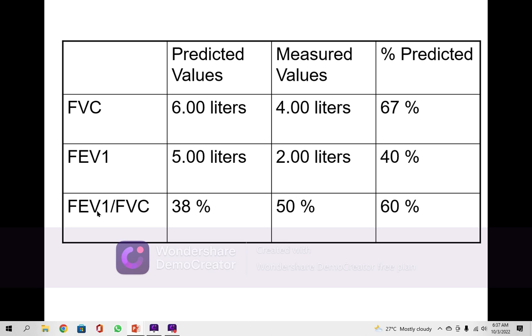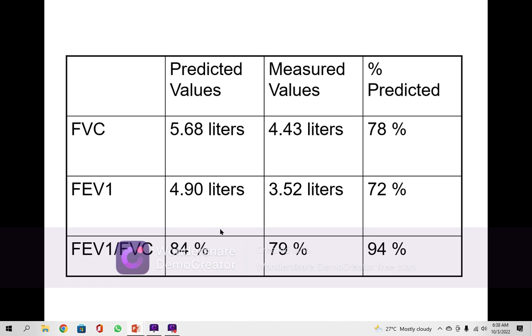The FEV1 to FVC ratio is 38%, while the predicted value is 60%. Although it is less than 70%, it is a person with obstructive type of lung disease like COPD.